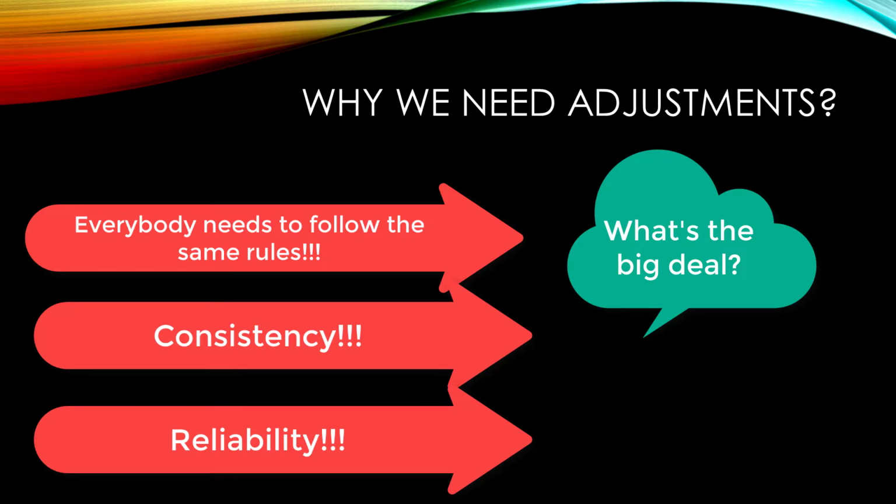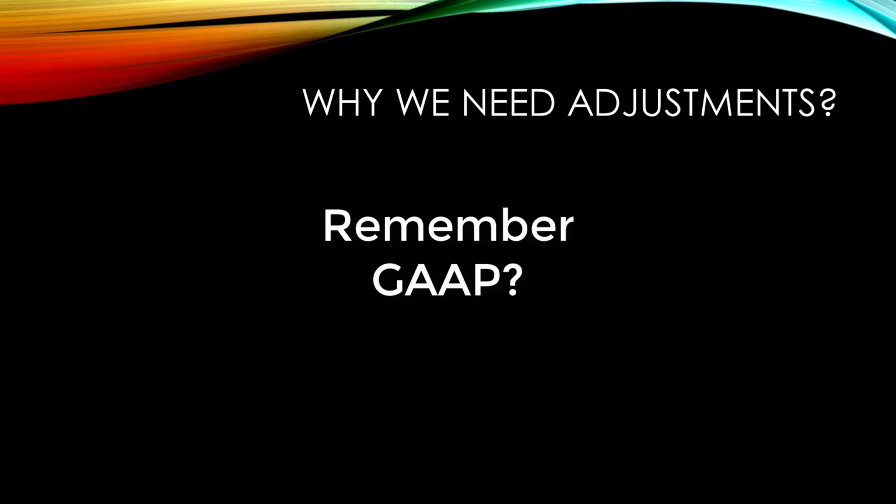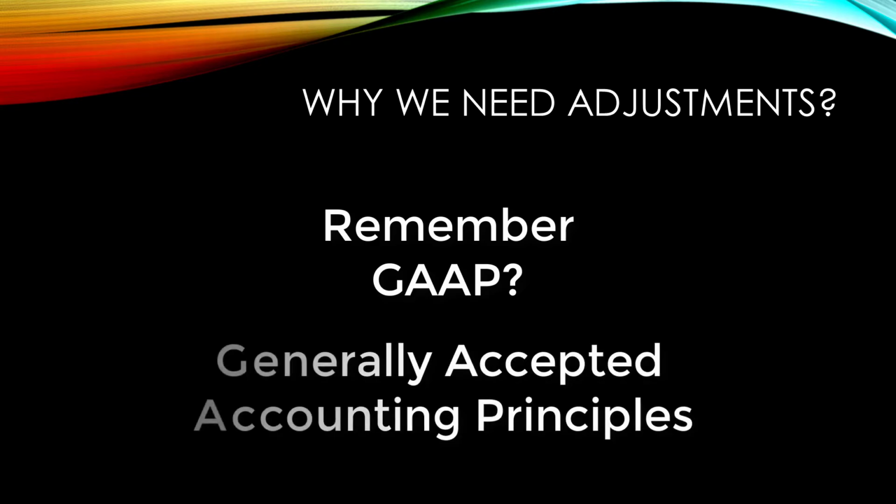We would not be able to compare businesses because they would all have a different scorecard. The matching principle ensures that all businesses follow the same set of rules and guidelines under GAAP, or Generally Accepted Accounting Principles.